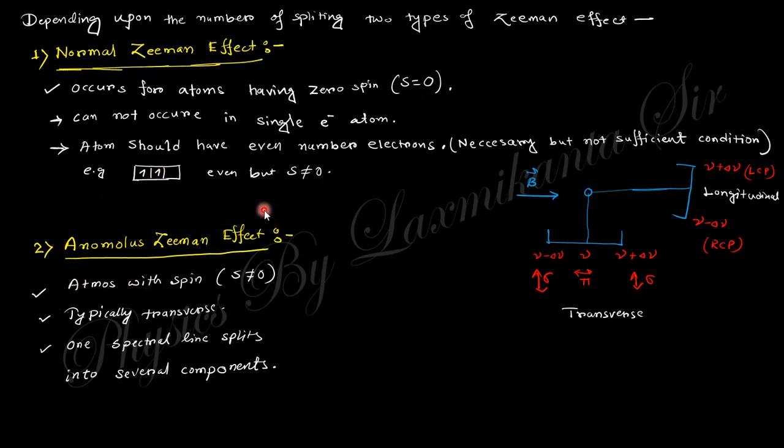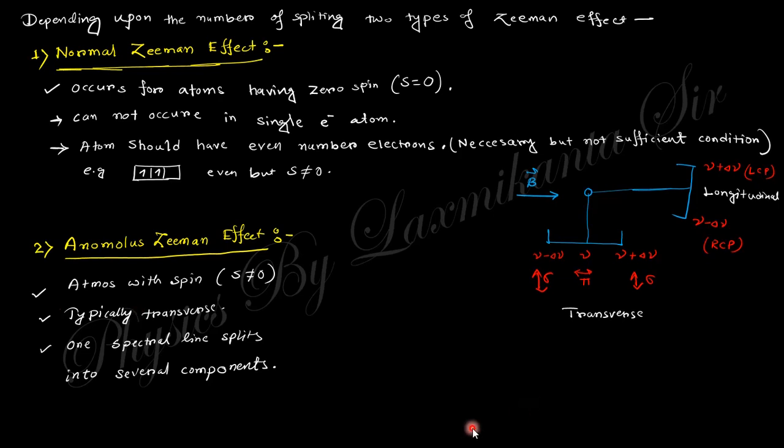Why is this called the anomalous Zeeman effect? Because when this Zeeman effect was actually observed, spin had not been discovered. Some atoms give one type of spectra, but other atoms do not give the same type of spectra.